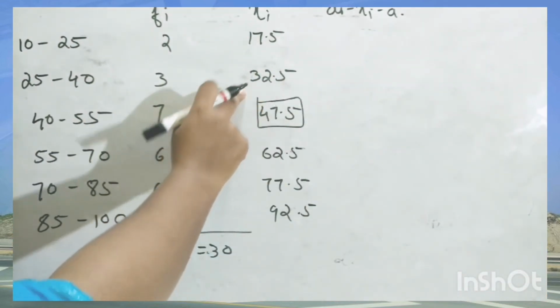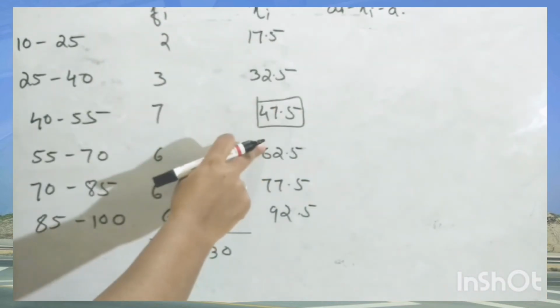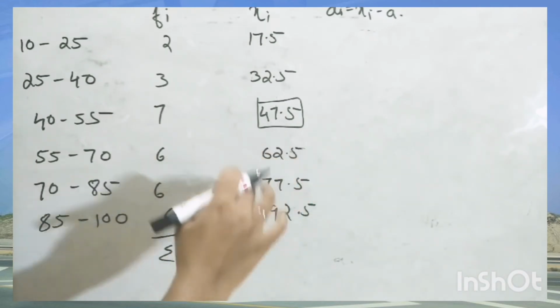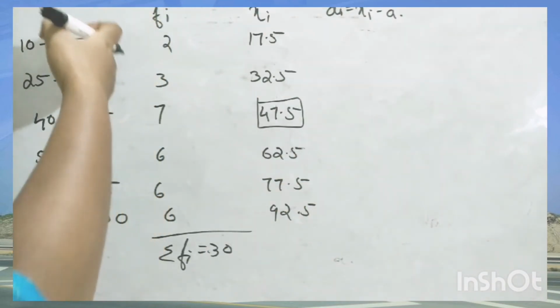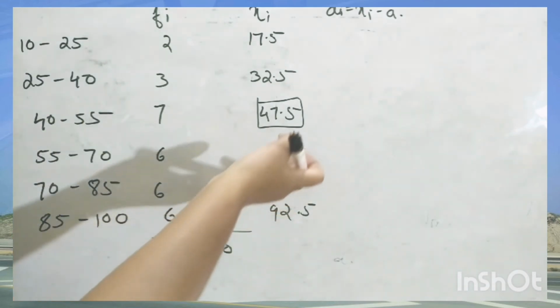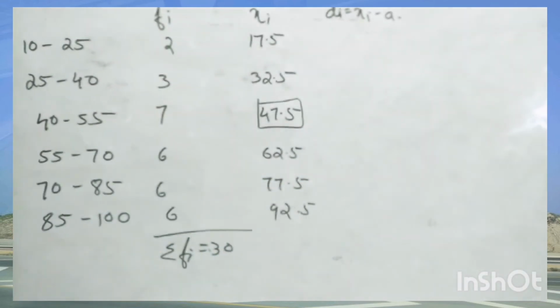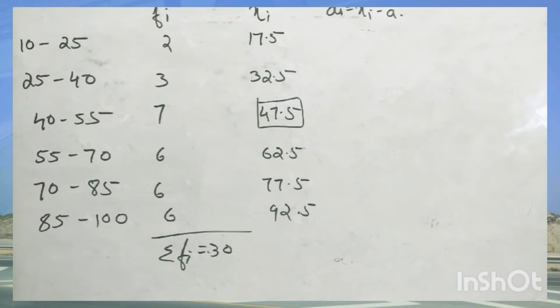A is equal to 32.5, no problem. 47.5, no problem. 62.5, 77.5, 92.5. If you choose a is equal to any value from that xi column, you will get same x bar, same mean. Here I am going to choose almost the middle value. Because we have the 6 observations, so I'm going to choose the third one as the a.